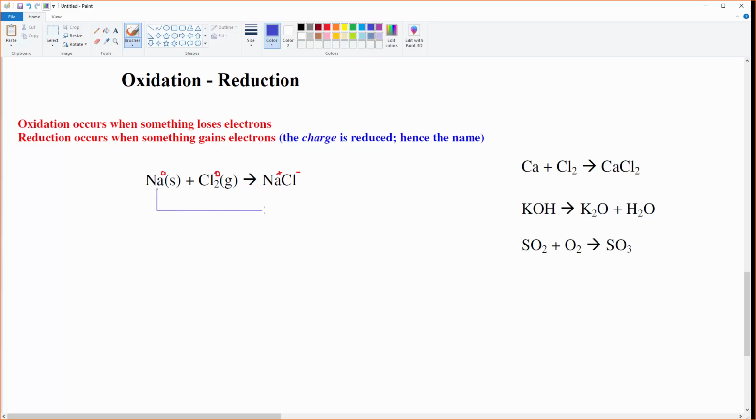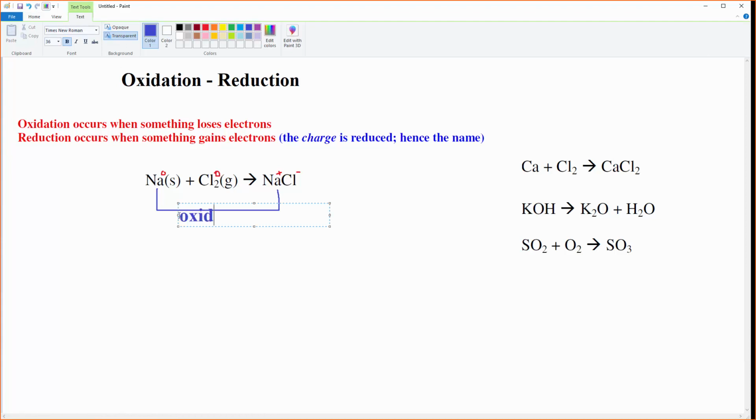How did you know that sodium lost an electron? Well, because it's in group 1 and it likes to lose an electron. But aside from that, yes, Sarah, aside from that, if you're looking at just the equation itself, and you see on this side it's 0, and on this side it's +1, it must have lost a negative charge, right?